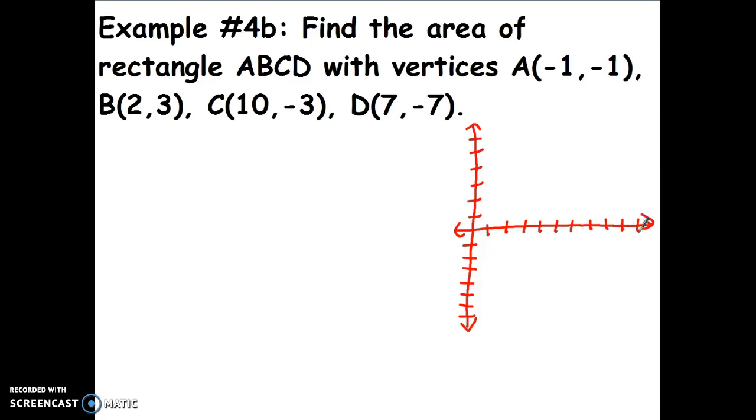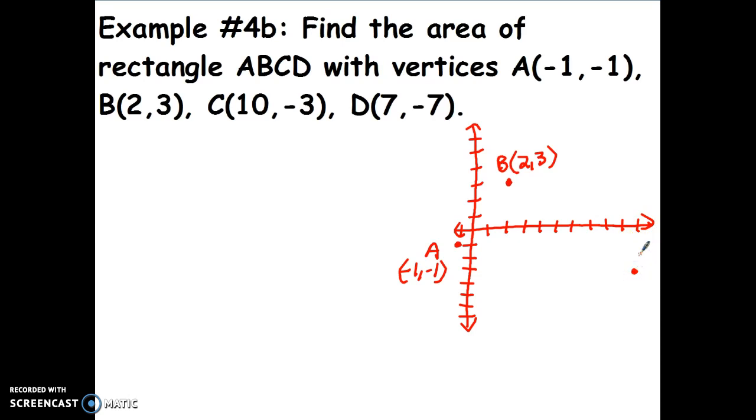Okay, so we got -1, -1, which will be right here. That is our A. And then we got 2, 3. And then 10, -3. 10, -3 will be right about right there.